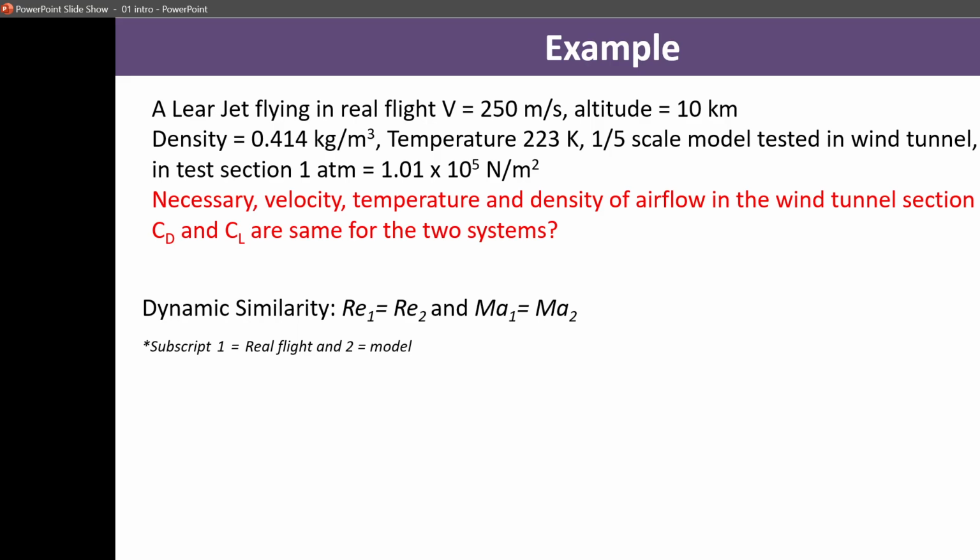Again, for this case, rho V L over mu. What about the Mach number? It can also be rho v d over mu. Doesn't really matter for this specific problem. Mach number is v divided by a.